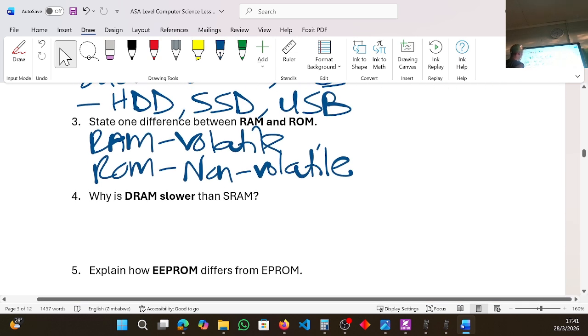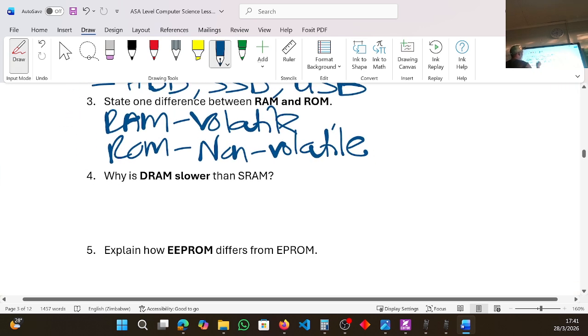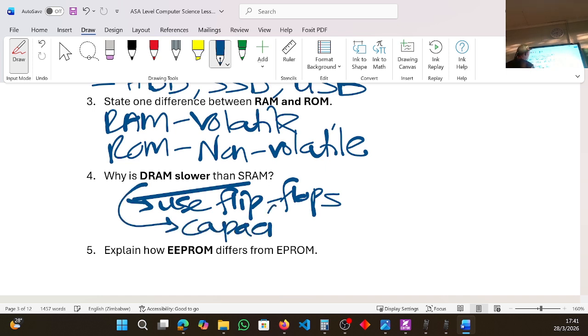Why is DRAM slower than SRAM? So we said SRAM uses flip-flops, hence it's fast, whereas DRAM uses capacitors to store charges and information.